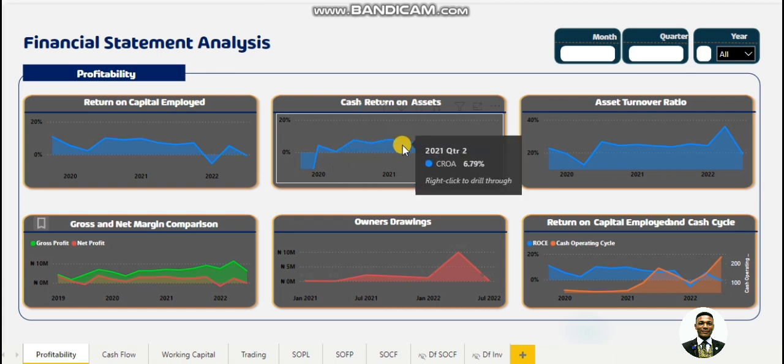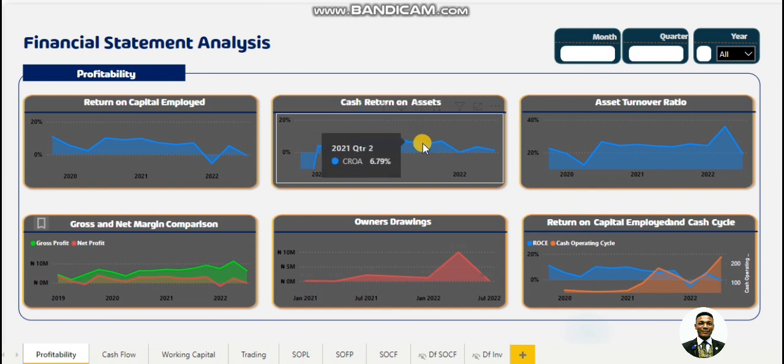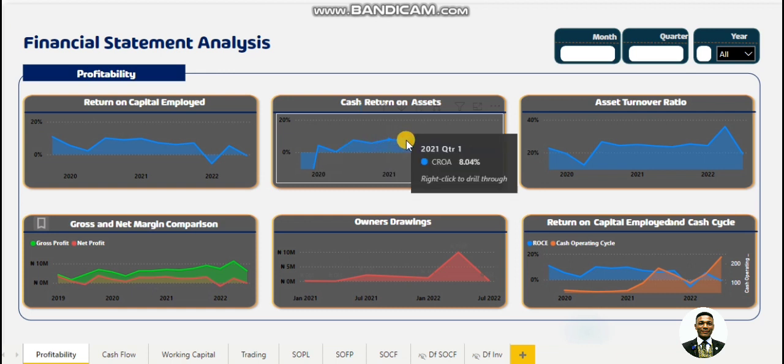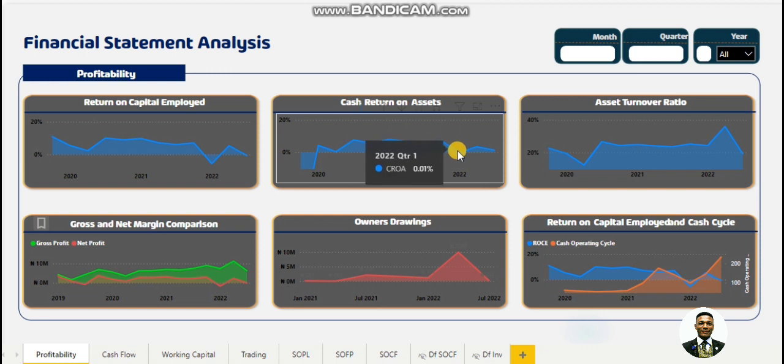It was fairly stable, revolving at around 7 to 8% during this period, and then the fluctuation continued for a complete year, and then there was a decline in the first quarter of 2022.